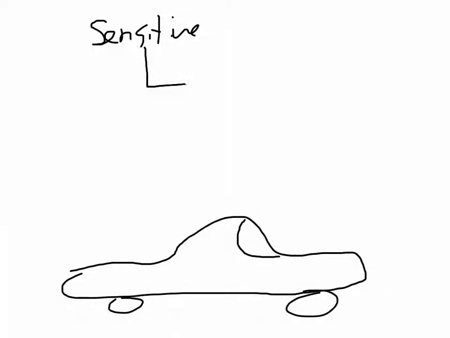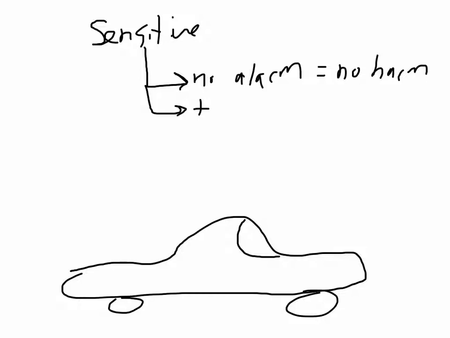If the alarm doesn't go off, you can be assured that no one is breaking into your car. But if the alarm does go off, if it's a positive alarm, you really don't know, was it the breeze? Was it a cat running under your car? Was it somebody playing their radio too loud as they drove by? You don't know. So a negative test is almost surely negative, but a positive test, you just don't know.